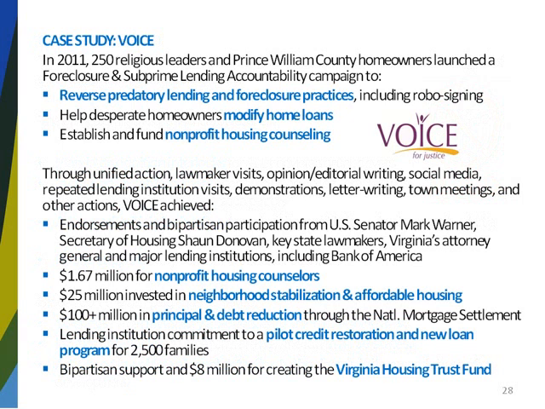Another campaign, on a much smaller scale, in Prince William County, which is a suburb of Washington, D.C. A group of homeowners launched a foreclosure and subprime lending campaign to really reverse predatory lending and foreclosure practices. They went to Richmond.